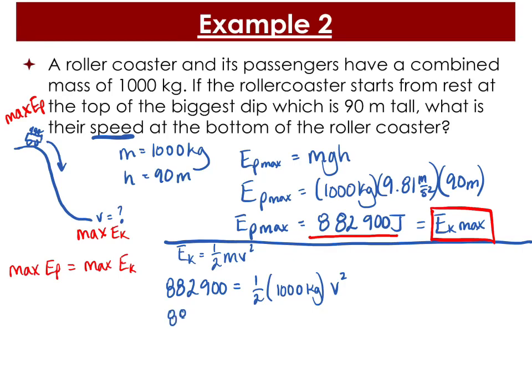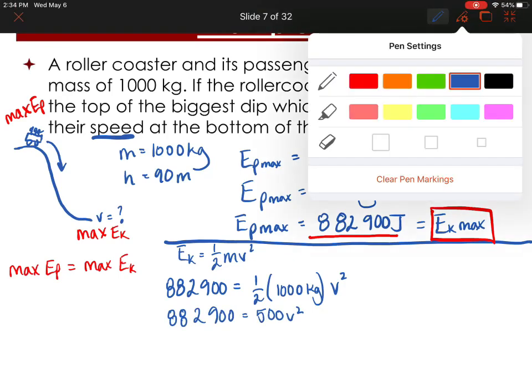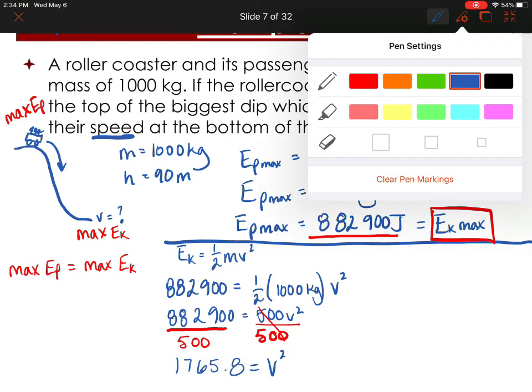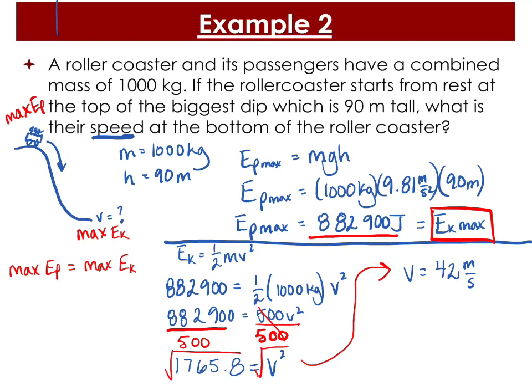Okay, and so we do all that. We get a final answer of 42 meters per second. We do need two significant digits because we got the 90 meters from the original question. So that is my final answer, 42 meters per second, okay?